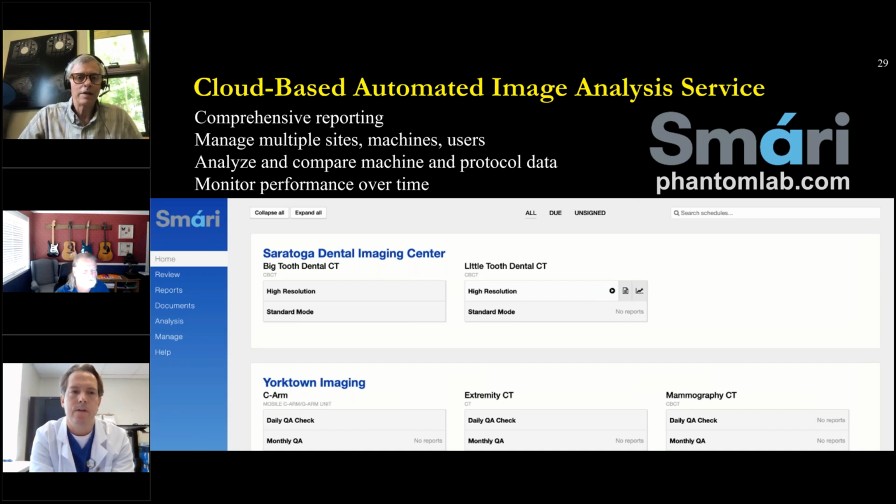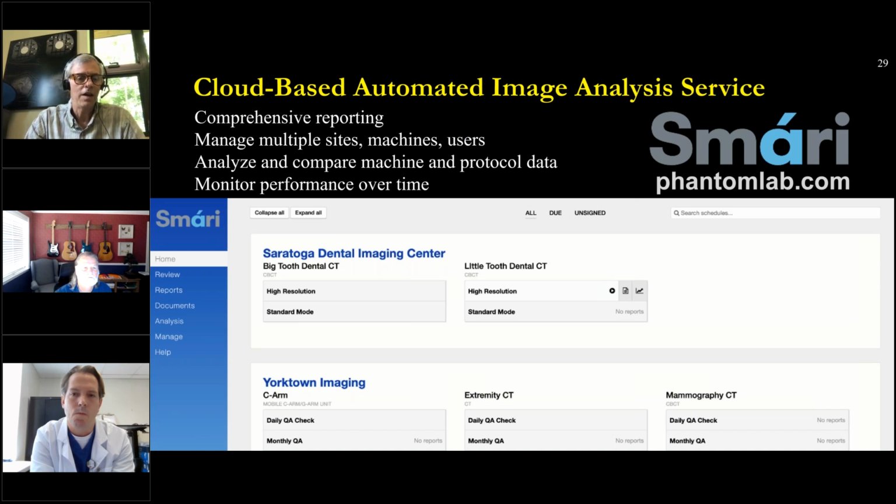Now, that's the underlying thing, but we also have this sort of wonderful database structure on the cloud, the SMARI system. And basically how that service works is you start with the ability to organize your data. For example, in this sample slide, we have 2 different locations, the Saratoga Dental Clinic and the Yorktown Imaging. And then for each machine, you can set up your own sort of data collection.